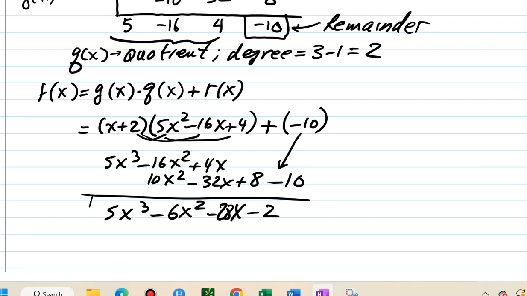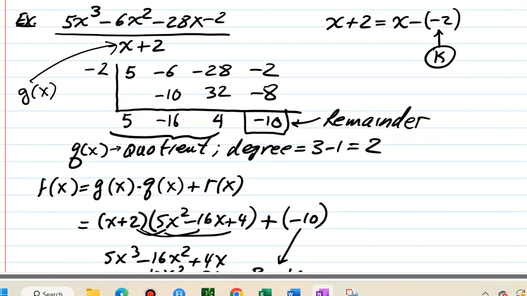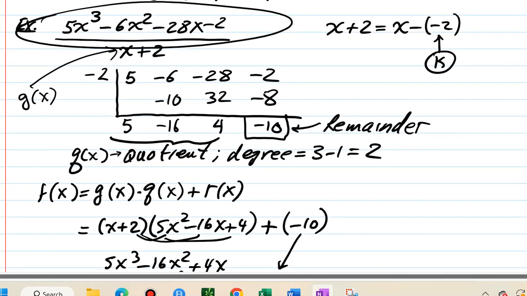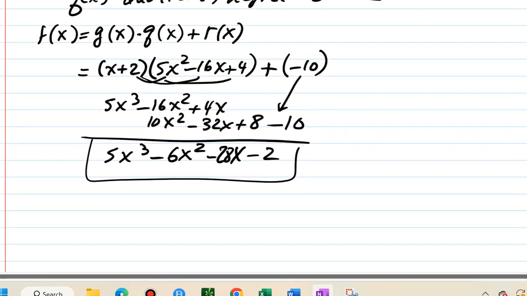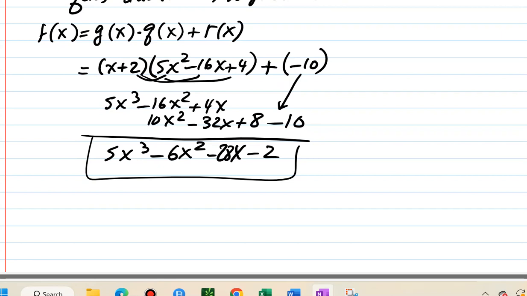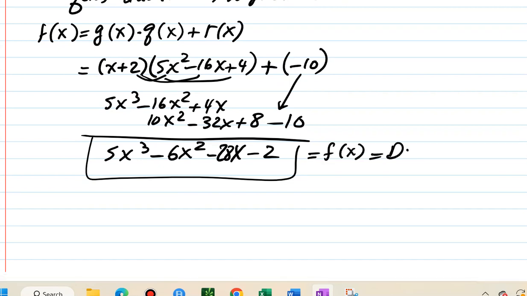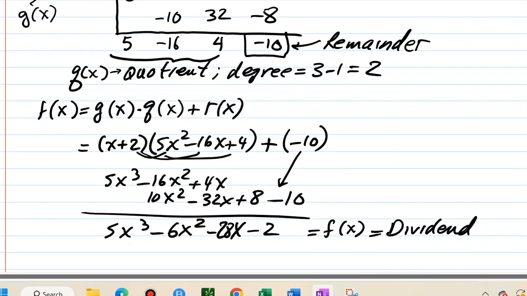And hopefully this is what we started with. It is. I got 5, negative 6, negative 28, negative 2. And this is indeed my f of x, which is the numerator, or the dividend, in the work that we are doing. So this was just to verify that it works.